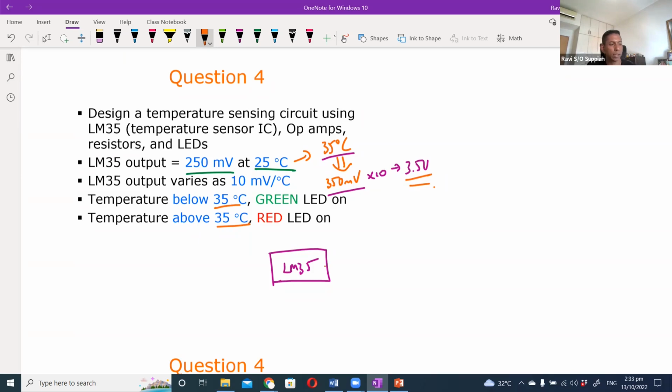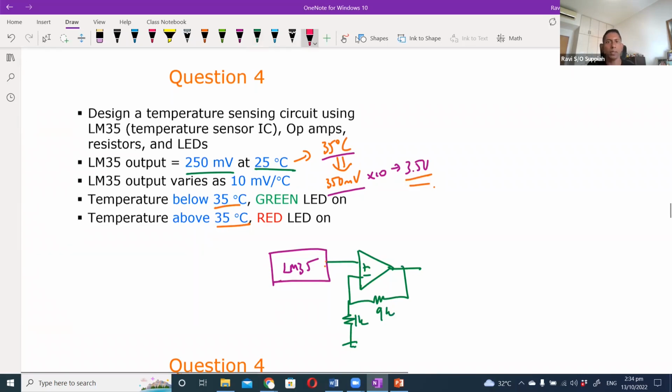So the first stage is to multiply by 10, and to do that I can pass it through a non-inverting amplifier. Again, all this is up to you. If I say 9K and 1K, the total gain would be 1 plus 9 over 1, which gives me 10.